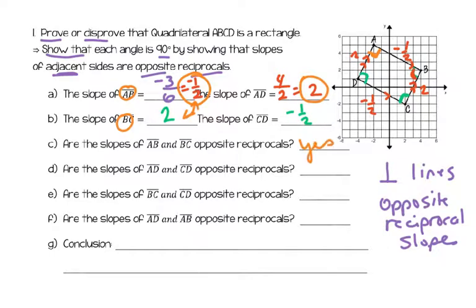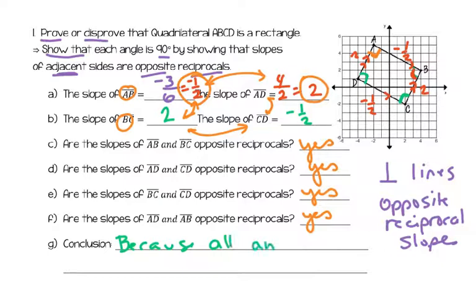Are the slopes of AB and BC opposite reciprocals? So AB and BC, are they opposite reciprocals? And the answer is yes. Are AD and CD opposite reciprocals? Yes. What about BC and CD? Yes. What about AD and AB? Yes. Okay, so we're ready to make a conclusion. So when you're making a conclusion in geometry, you are going to say, because all angles are perpendicular, ABCD is a rectangle.